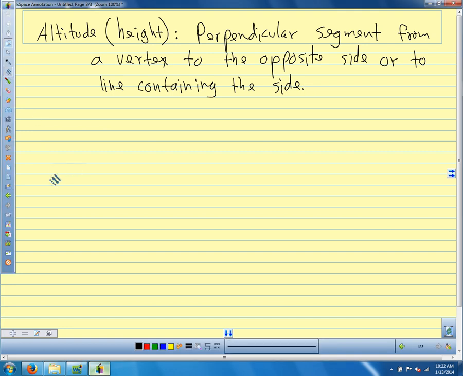So if I have a nice acute triangle, I just go from the vertex at a 90-degree angle to the opposite side. It's not necessarily the bisector of the angle, it's not necessarily the bisector of the other side, it's just from the vertex perpendicular to the other side. So that would be an altitude.